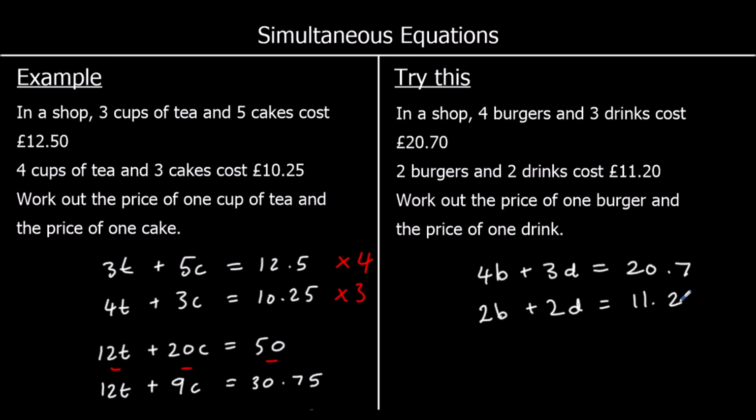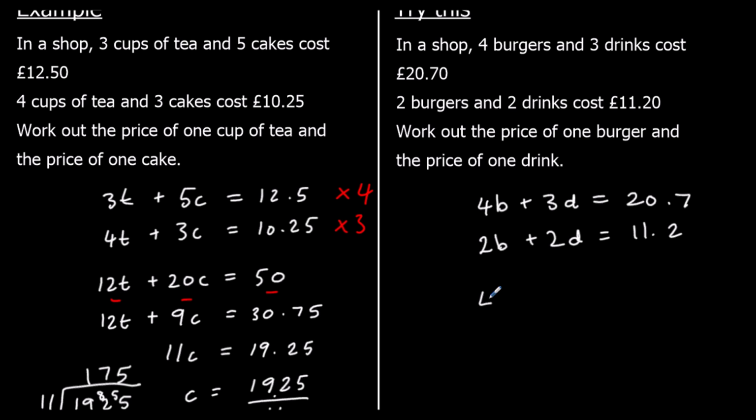So we can make the burgers the same by doubling the bottom equation. So if I double the bottom equation, I get 4B and 4D, 4 burgers and 4 drinks for £22.40. I'm going to rewrite my top equation. So the burgers are the same.